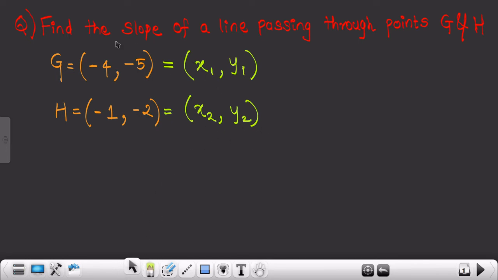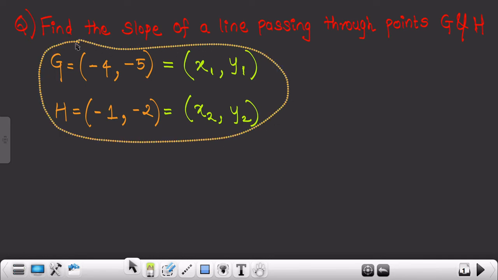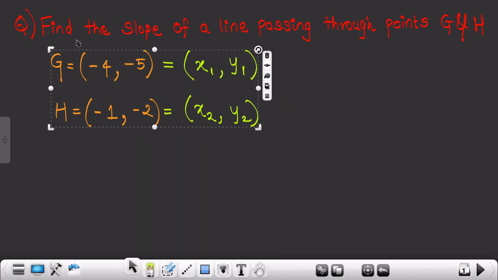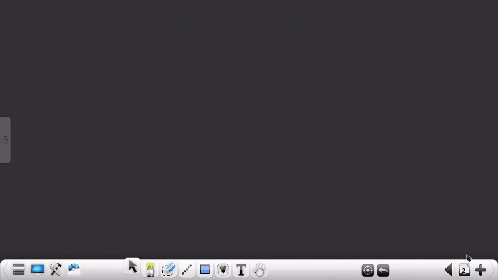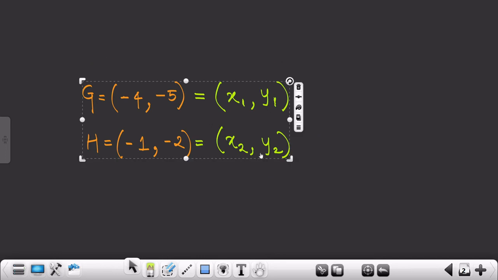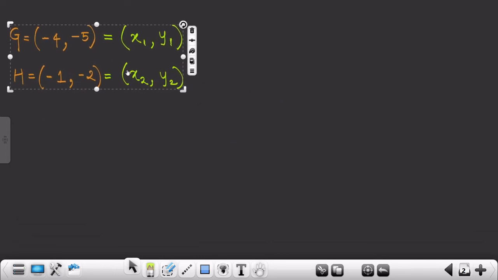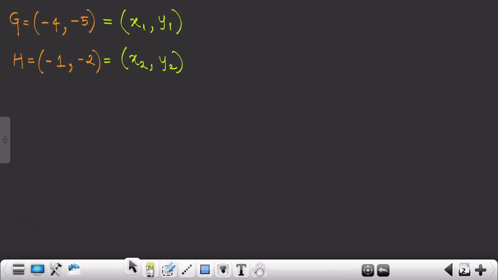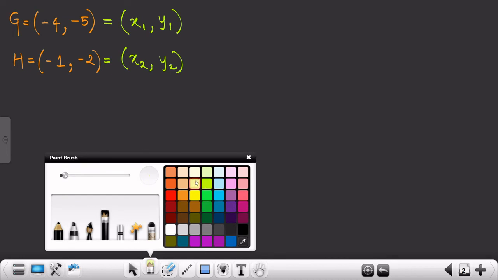Right now I'm assuming that point G is x1, y1 and point H is x2, y2. Let me copy this and move these 2 points a little above, and then we are good to solve this numerical.